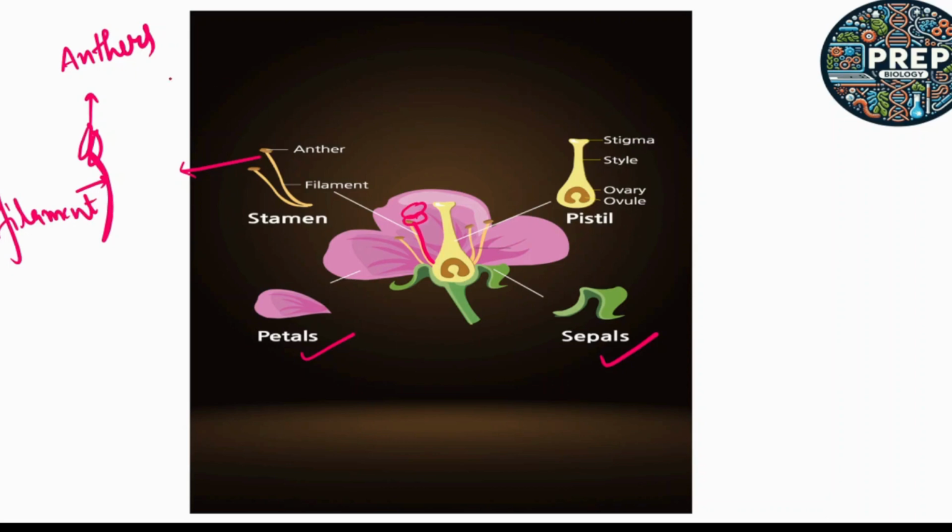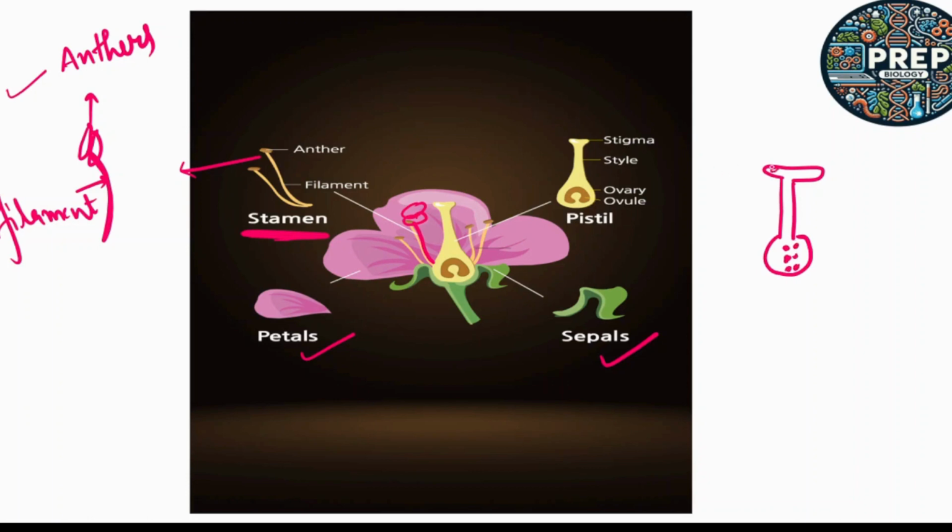Is it clear? So this is the male reproductive part. Collectively, they are called the stamen. And let's talk about the female part. This flask-like structure is called the female part.